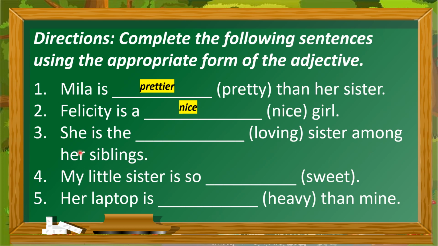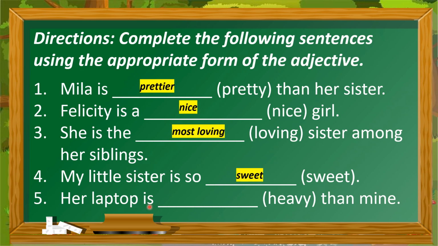So we are comparing her to her siblings, meaning to say they are three or more. So the correct answer is most loving sister. We added most to the adjective loving. Next one, number four, my little sister is so blank. Again, no comparison at all. So the correct answer is the adjective sweet under positive degree form.